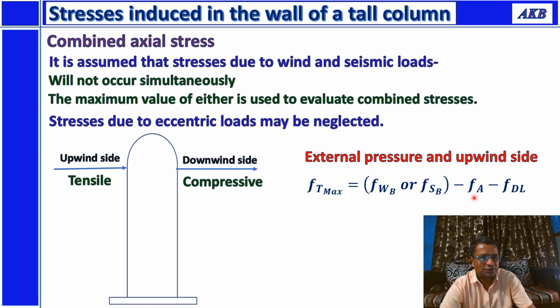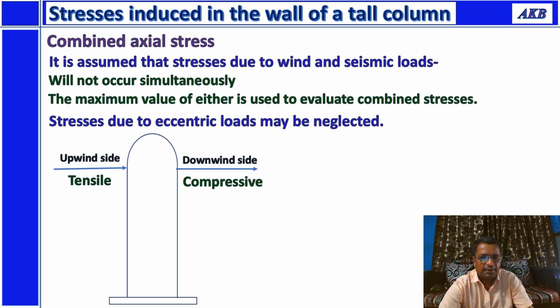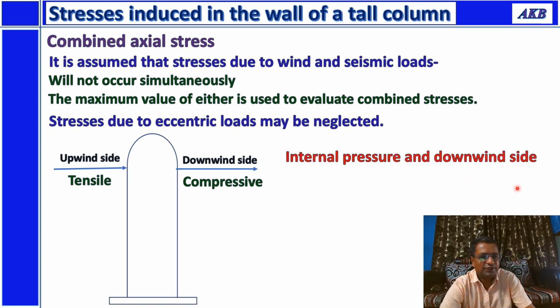That is minus stress due to internal pressure minus stress due to dead load. Then for this combination, internal pressure and downwind side, on the downwind side the stress will be compressive, and the maximum combined stress will be Fc max is equal to Fwb or Fsb minus Fa plus Fdl.